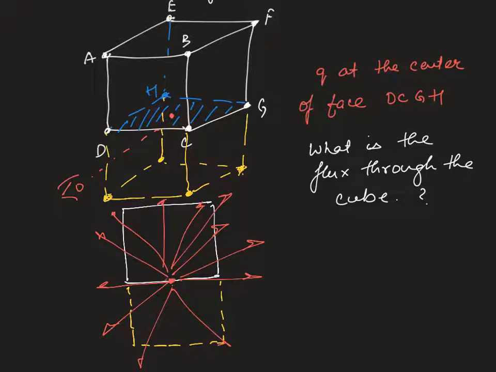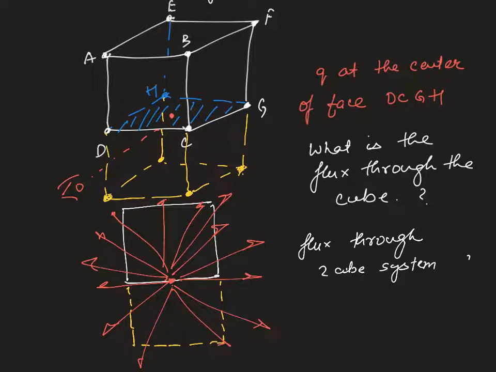So the flux through the combined two cube system is q by epsilon naught, because all the lines that the charge emits, this charge here, either pass through the upper cube or pass through the lower cube. So the flux through the 2 cube system is q by epsilon naught, and both cubes are symmetric. That is the second reasoning. Both cubes are symmetric.